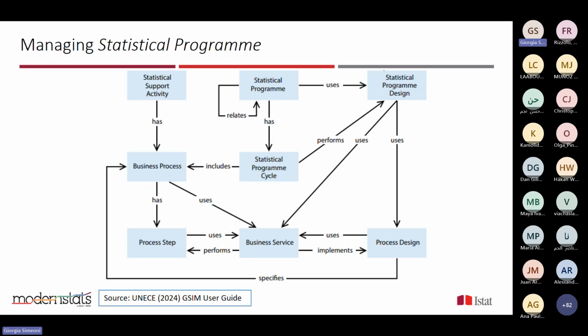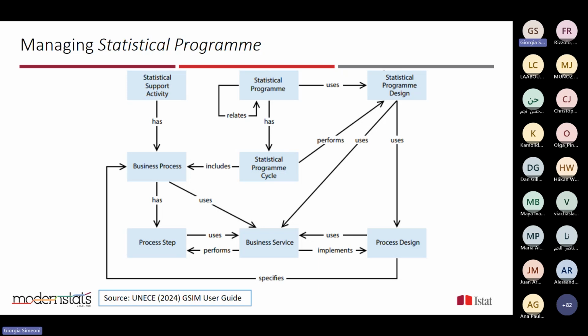So we can have that the edition of the European Health Interview Survey includes the data collection phase, the processing phase, the analysis phase, that are all business processes, and each business process has process steps. And the different process steps can be mapped to the different GSBPM sub-processes.